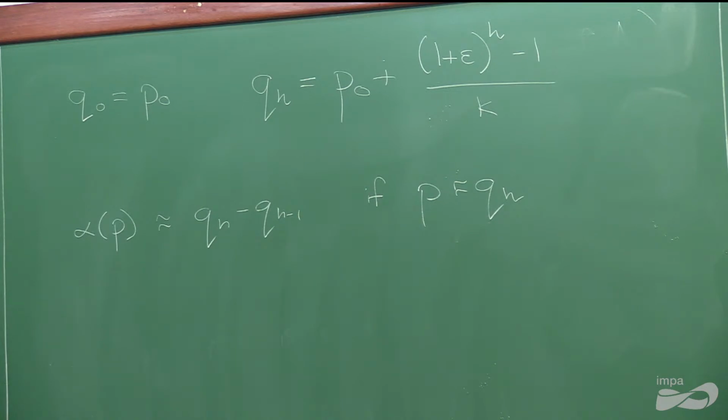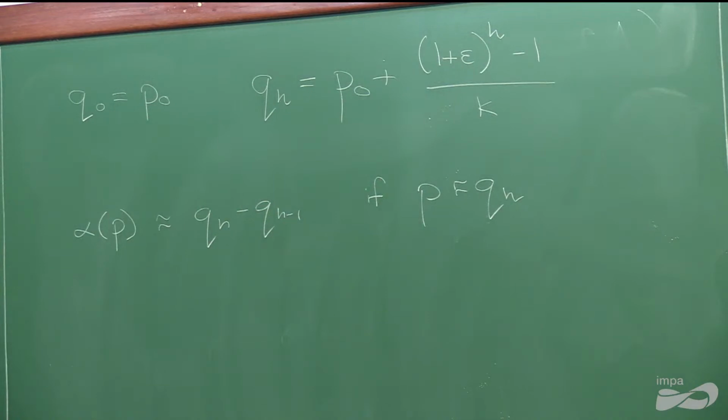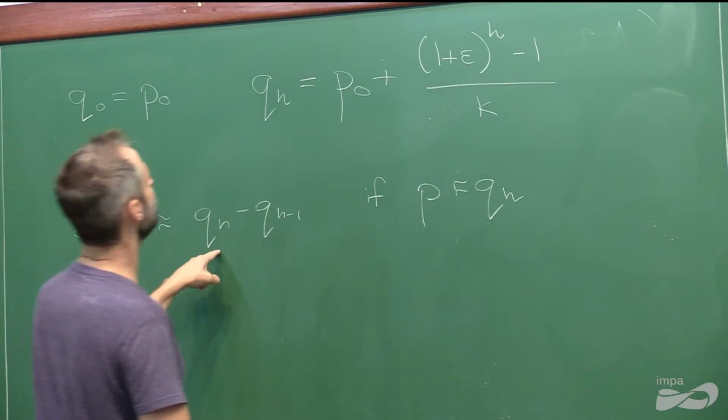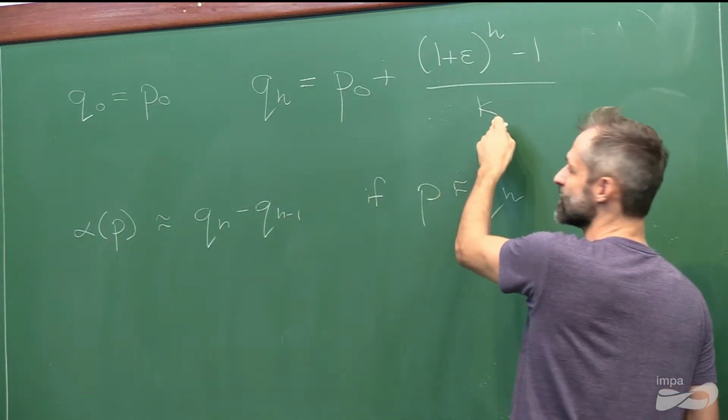Right, so this is the scale at which we're doing this. This is the height at which we're doing it, and it's increasing exponentially as a function of epsilon. So let's just check if this is true, if I messed it up. So alpha of P is that guy, QH minus 1. P0 cancels, this minus 1 over K cancels.